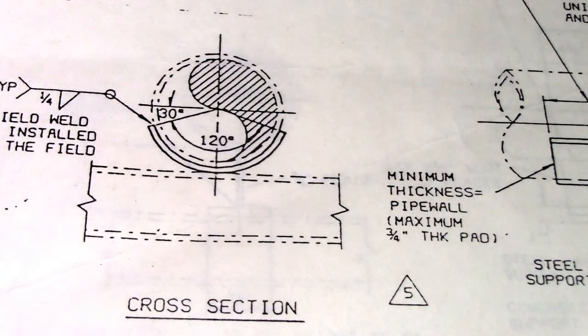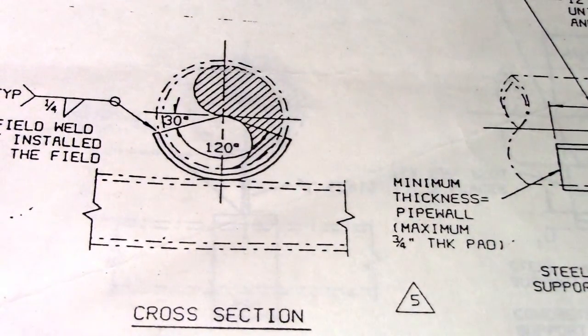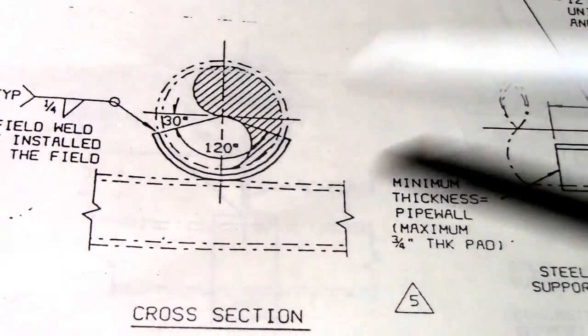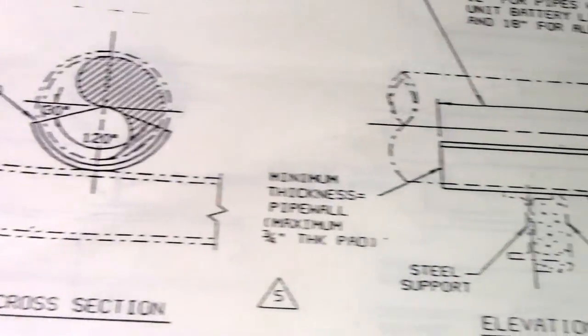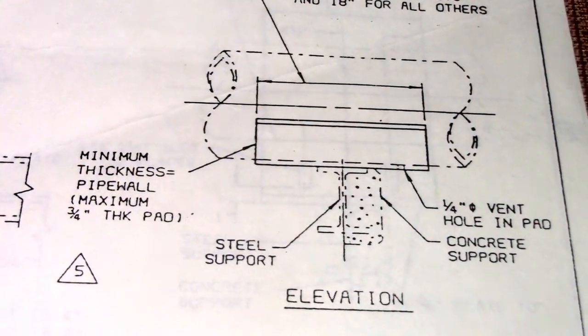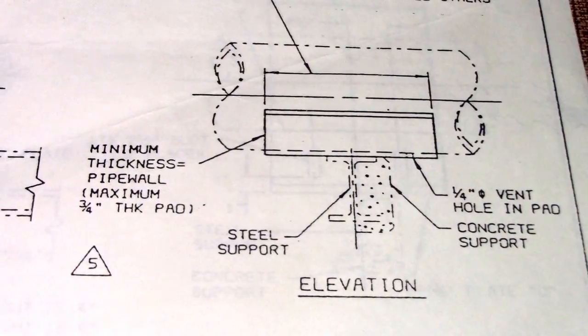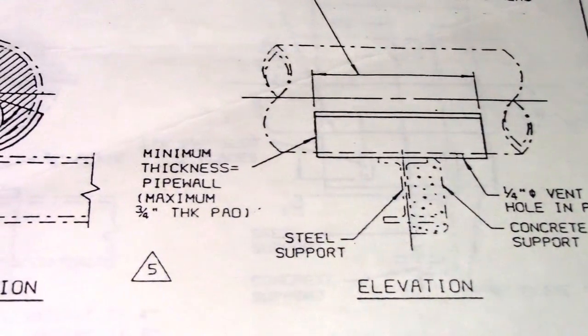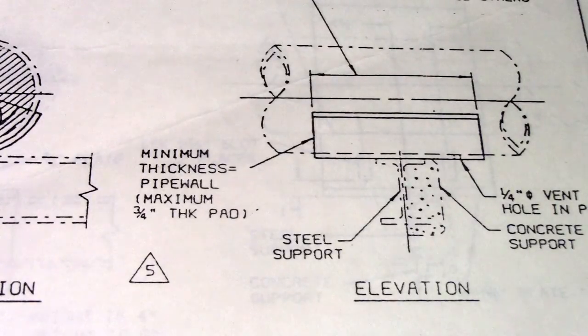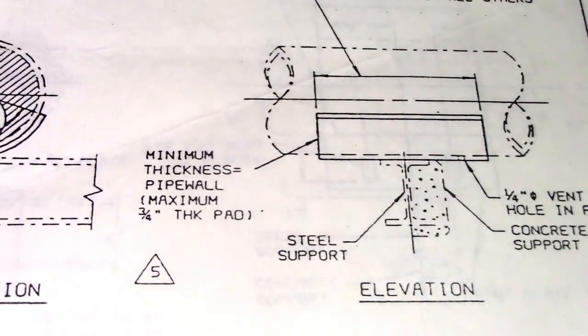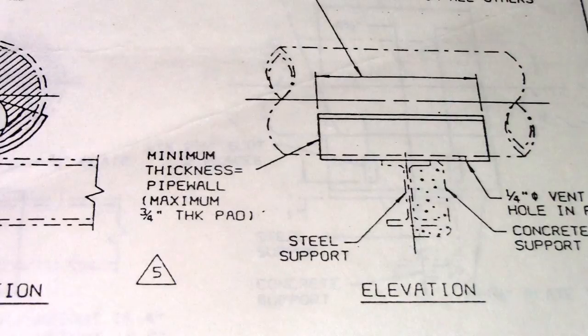So on this cross section, this is the front view cross section, and we have the side view. Okay, so this is the pad from the pipe. Okay, and the specification from the support details.